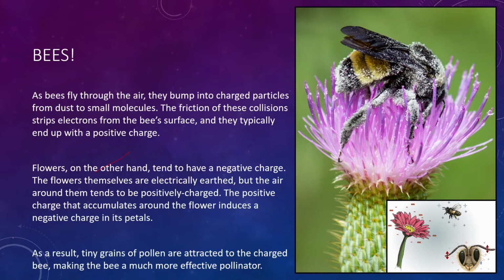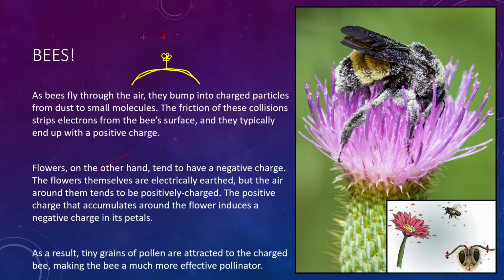So, oops, I just made a mark there. That was an accident. But let's take a look at this. So I'm going to very poorly make a sketch. Let's say this is the Earth's surface, and you have a flower sitting up here. This is a very large flower compared to the Earth. I'm not an artist, by the way, so bear with me on this. So we're saying that the air is positively charged, right?